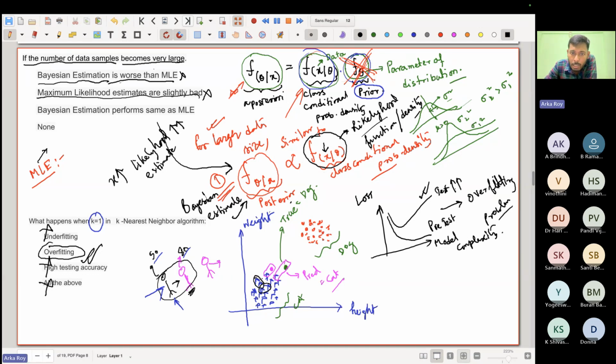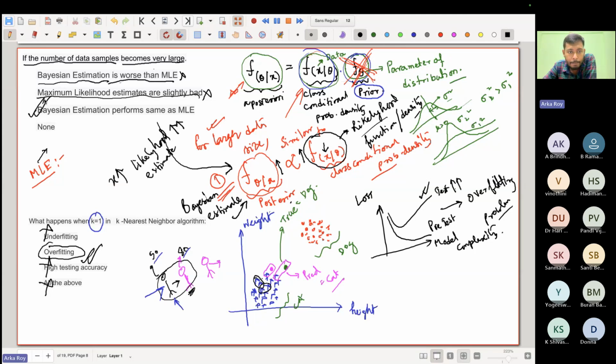So if your estimate is good at this side, and as it is proportional in nature, the estimate at this side will also be very good. Their Bayesian estimate and likelihood estimate will give similar results, so their performance will be similar. That is why this particular answer is the correct answer.